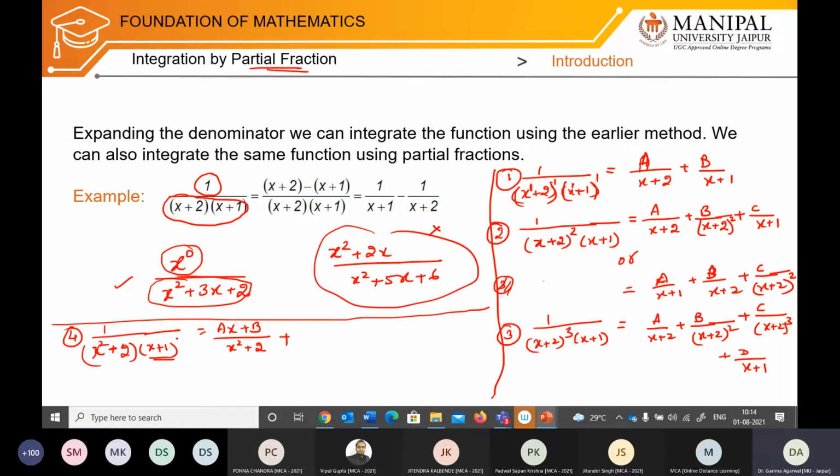Here the whole power is 1 and the power of x is also 1, so it will be c upon x plus 1, right? So these are a few rules for how we can split the given factors. Is it clear?